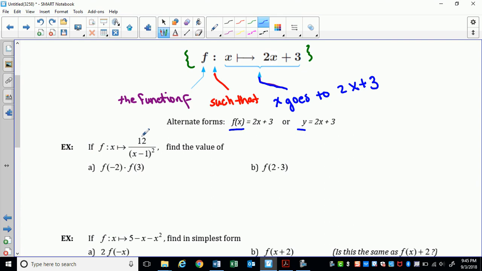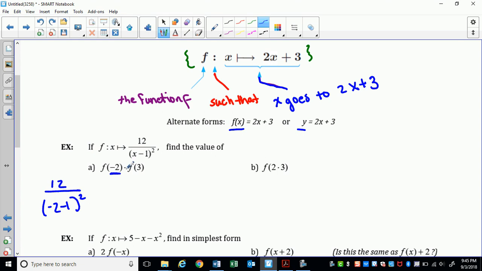That's my function. They're just telling me to plug in -2 into the x. So we're going to plug in -2 to the whole function. So I have 12 divided by, and then parentheses, -2 minus 1, and your parentheses squared.